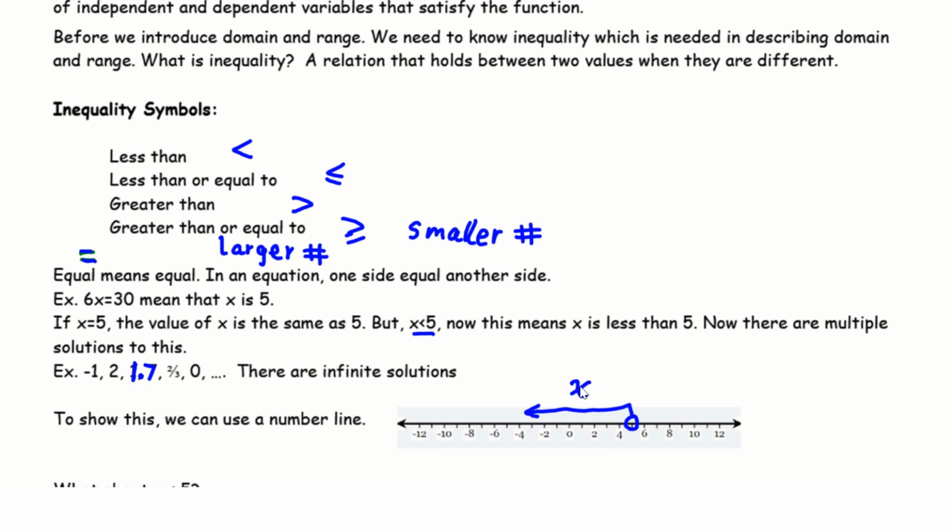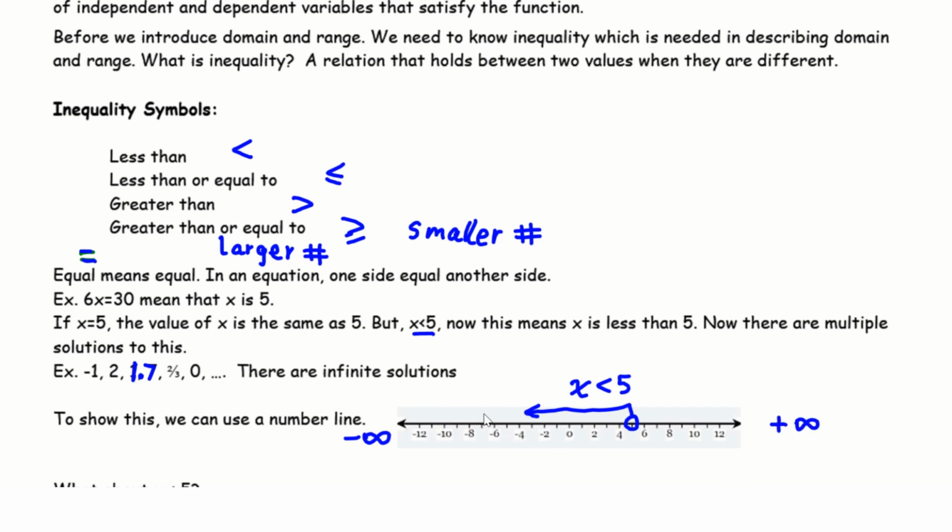So we could write x less than 5. These are the solutions, and we have the arrow at both ends, which means it keeps going to negative infinity on the left, and to the right side you will have positive infinity.